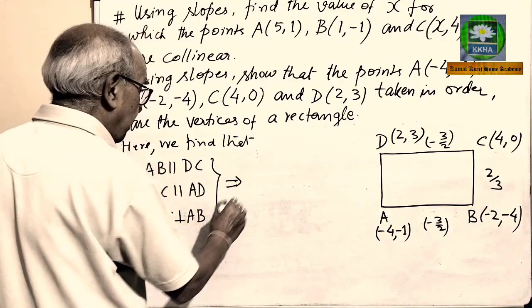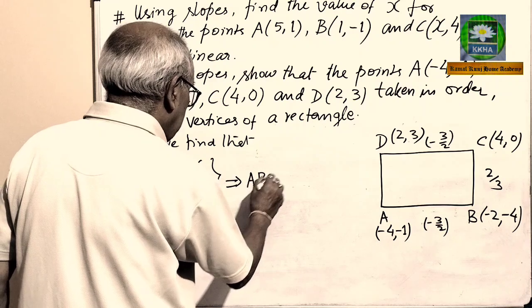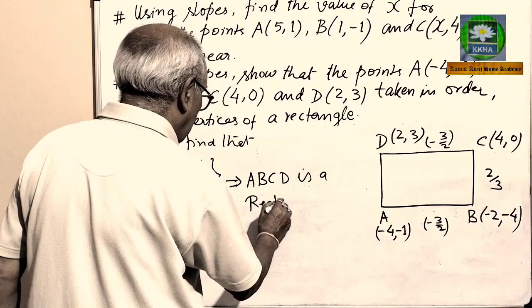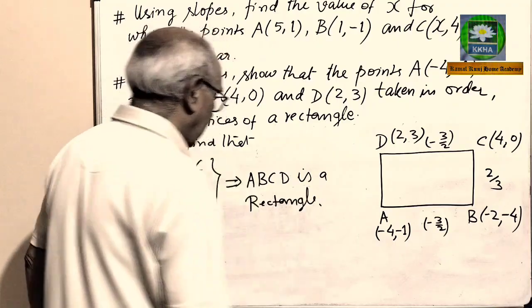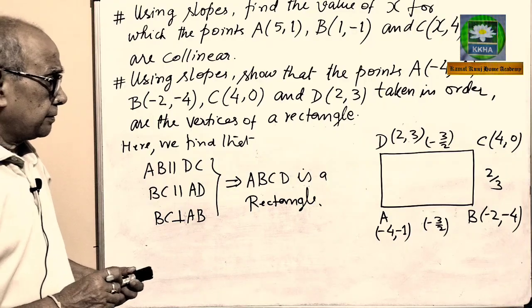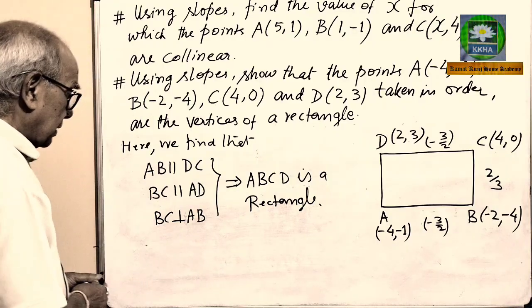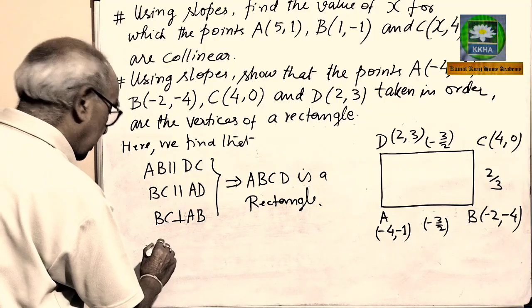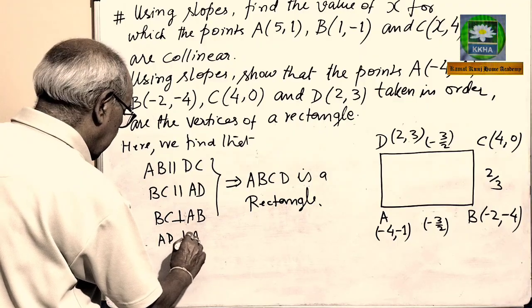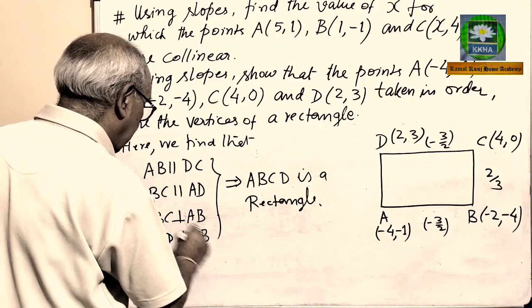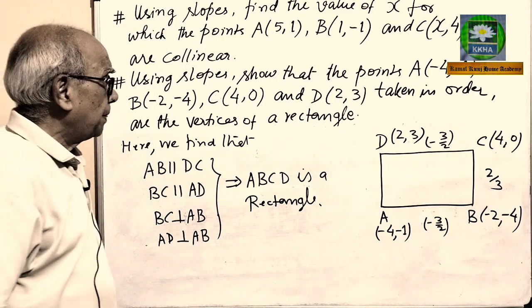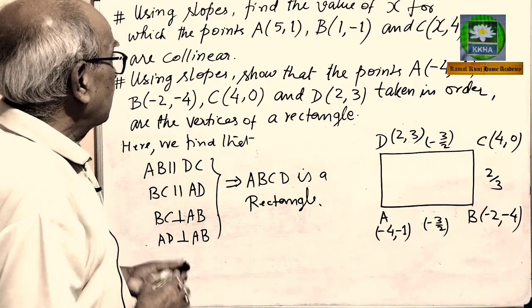This implies that ABCD is a rectangle. And AD will also be perpendicular to AB. Therefore, ABCD is a rectangle. Now let us solve the last problem.